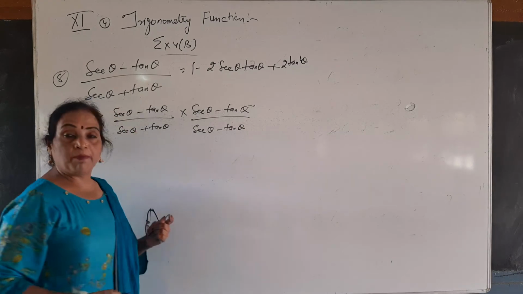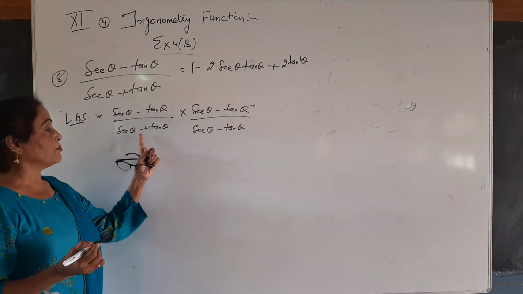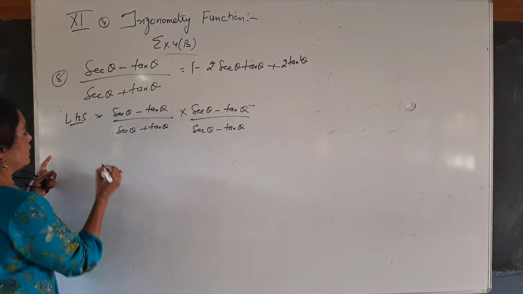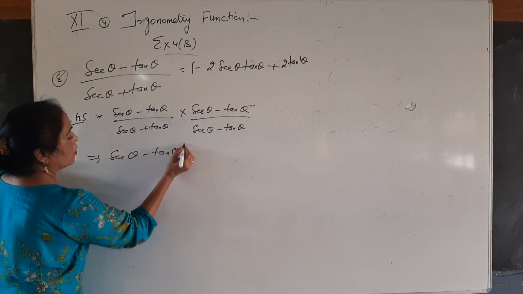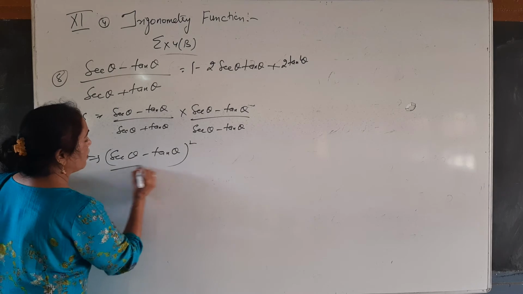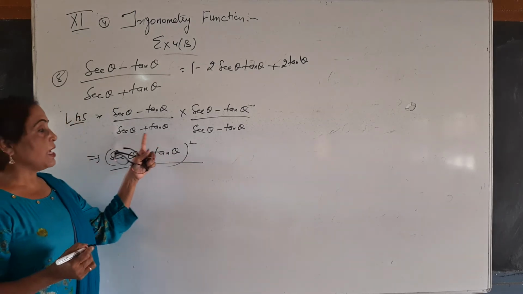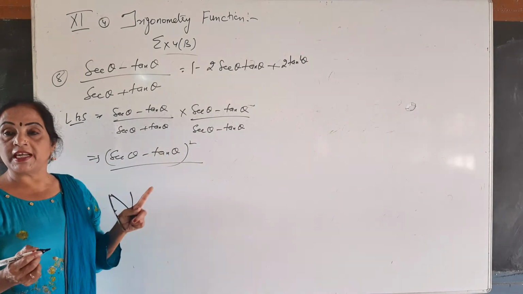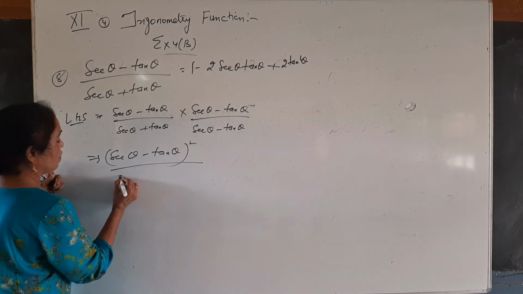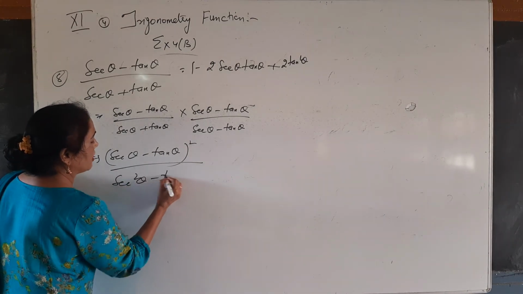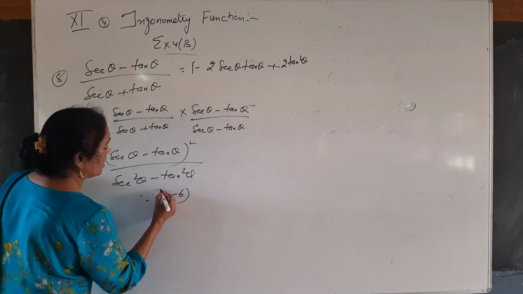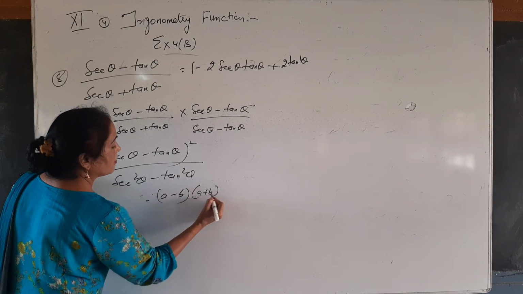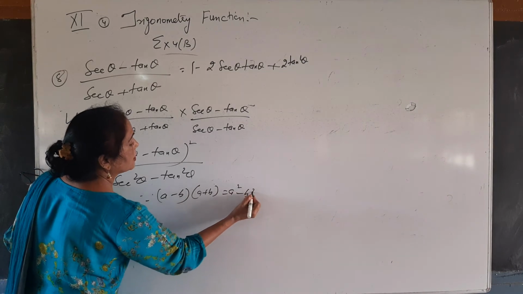Rationalize means multiply and divide by the same term but with the difference in sign. So it will become sec theta minus tan theta whole square upon, in the denominator, of the form a minus b, a plus b, that is a square minus b square. So it will be sec square theta minus tan square theta.